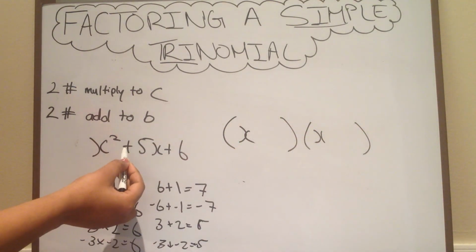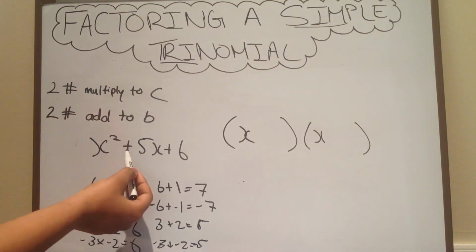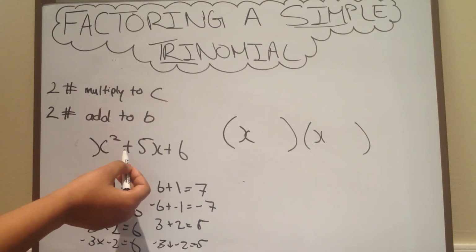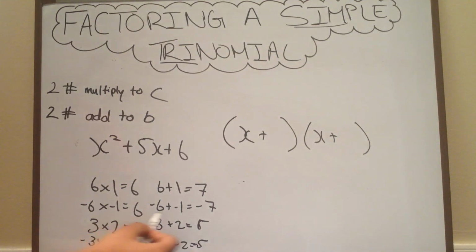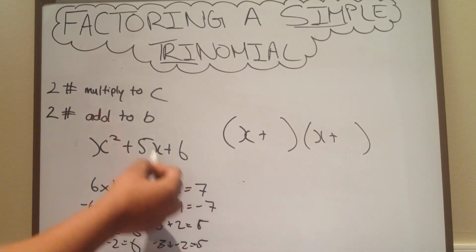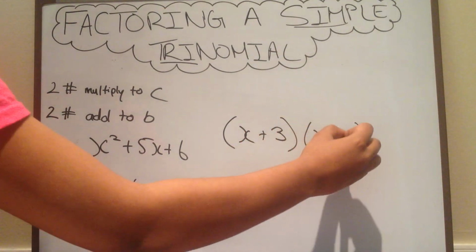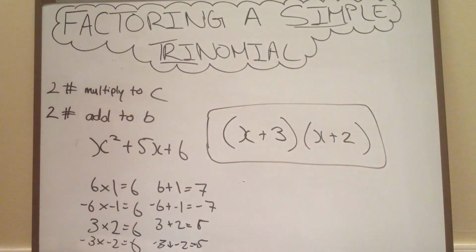This is a positive value, so you know that it has to be a positive number. The only two numbers that add up to 5 and multiply to 6 are 3 and 2. And that's your answer. So that is how you factor simple trinomials.